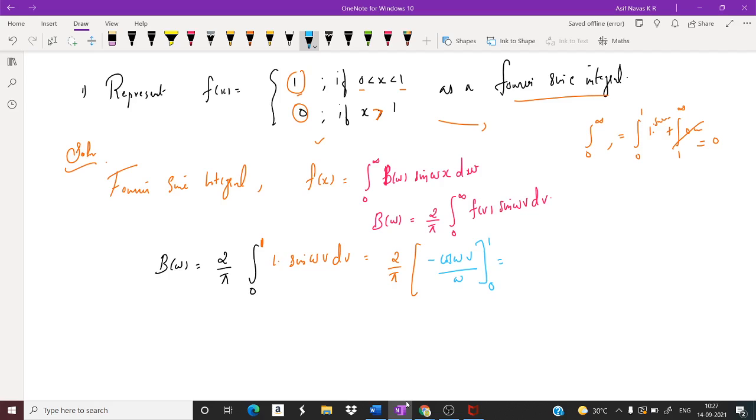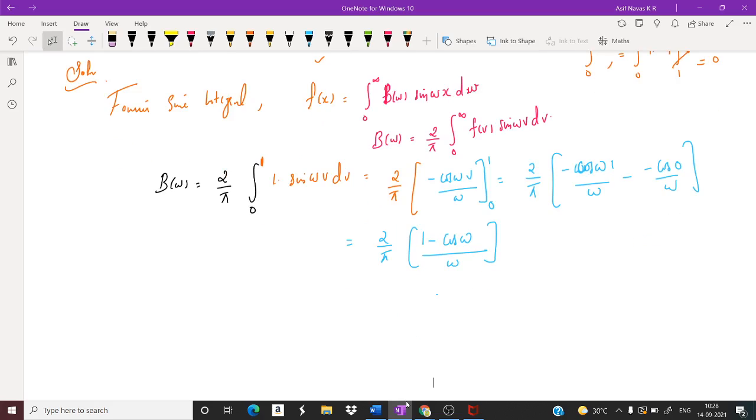So this is equal to 2 by pi times minus cos omega into 1 minus cos 0, over omega. Minus and minus gives plus, cos 0 is 1, so I can write it as 1 minus cos omega divided by omega. So b of omega is 2 by pi times (1 minus cos omega) by omega.